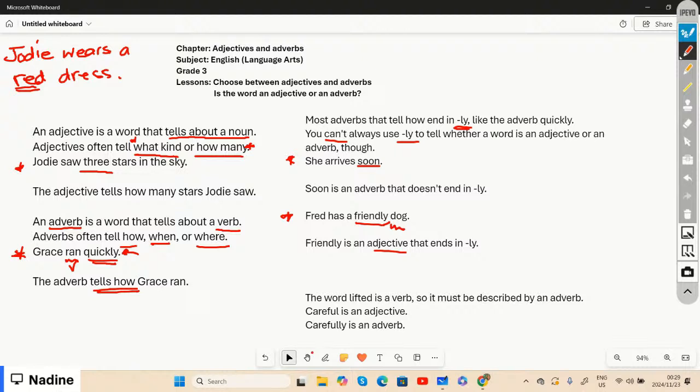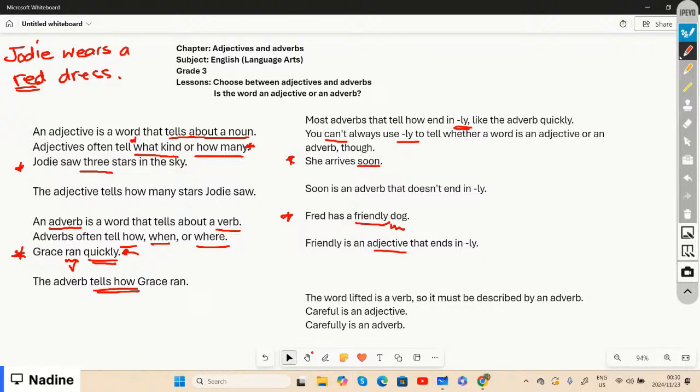So you need to know the difference between an adjective and an adverb. Remember, an adjective tells us more about the noun. Adjectives tell us what kind, or they tell us how many. That is adjectives. And then we have adverbs, and adverbs tell us about a verb.